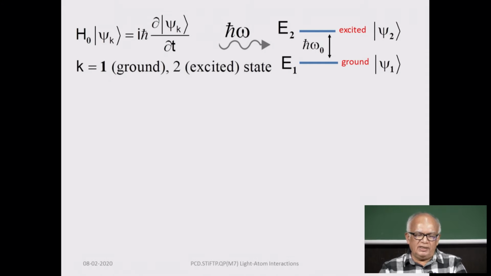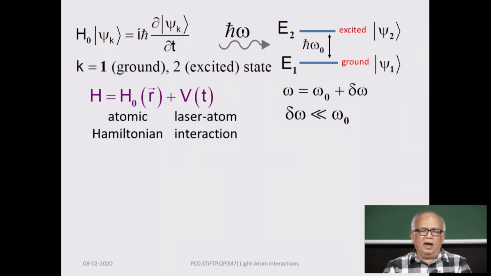You have two states which were denoted by 1 and 2, and now you have got this atomic system which is interacting with the electromagnetic radiation. So, that interaction we will represent by an operator V, which is time dependent, because the electromagnetic field is time dependent.